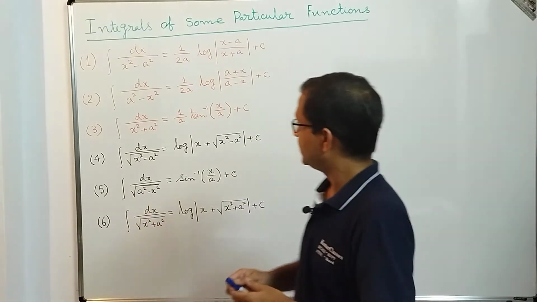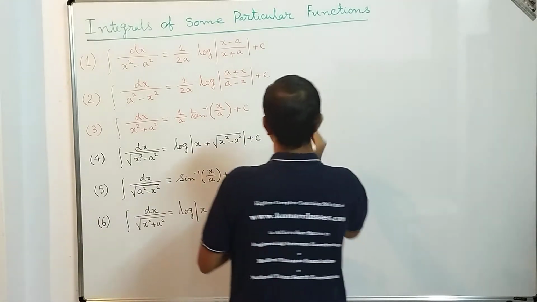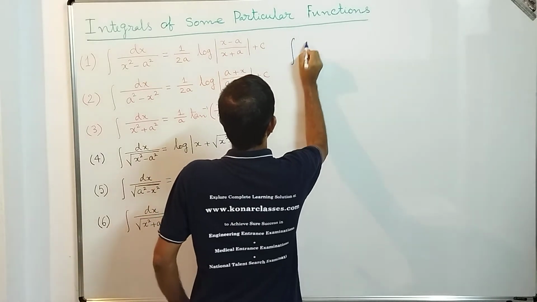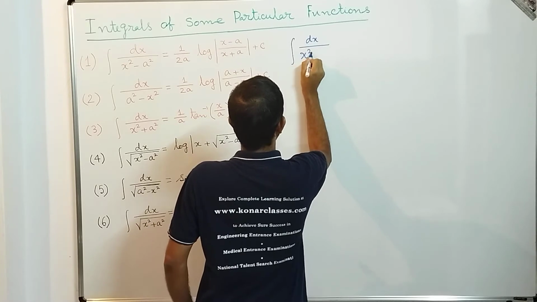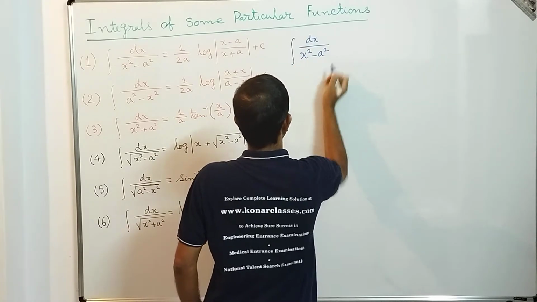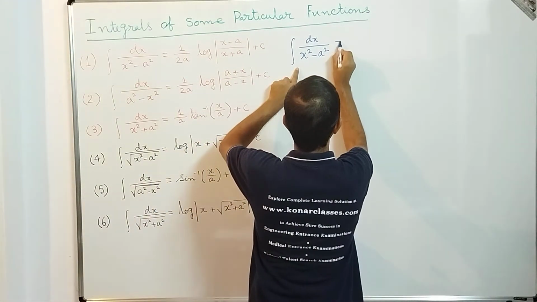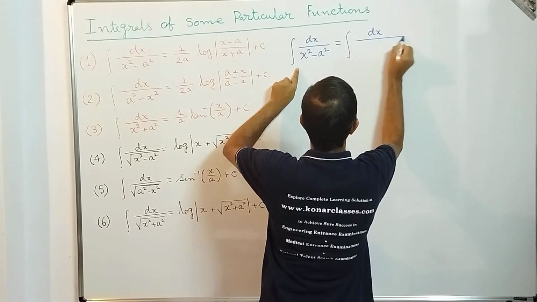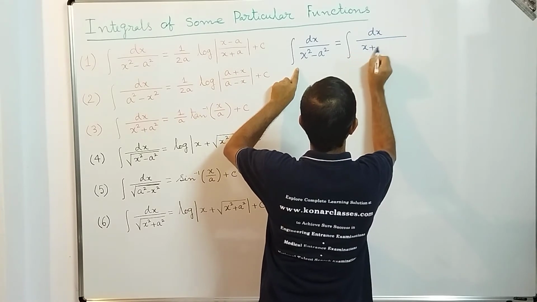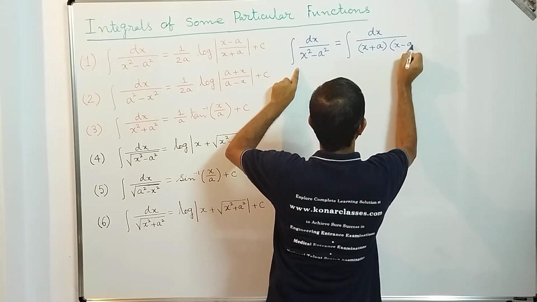The first one is: what is the integration of dx by x square minus a square? So what we can do here, dear students, is write integration dx by x square minus a square as x plus a into x minus a.